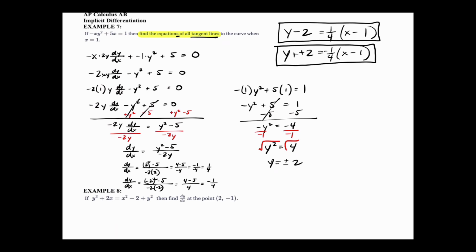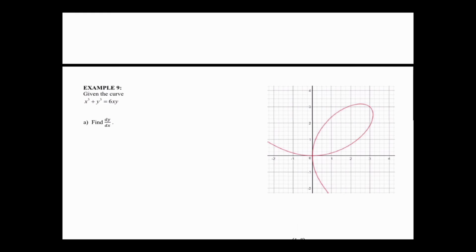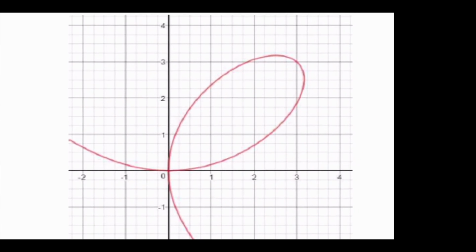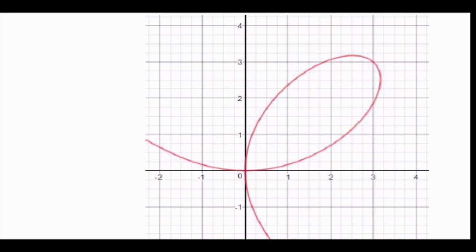How can it have 2 equations of a tangent line? How can it have 2 tangent lines at one x value? I'll give you a hint. Let's go back to this picture here. Let's say at x equals 2. x equals 2 there, x equals 2 there.